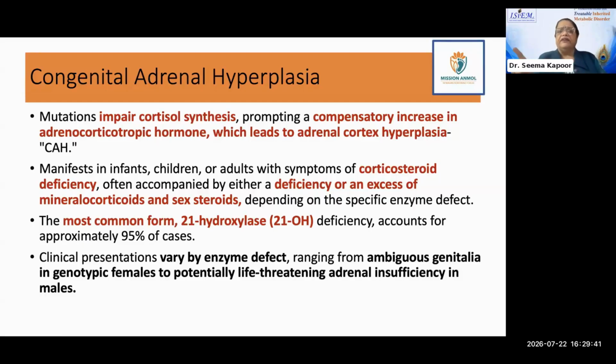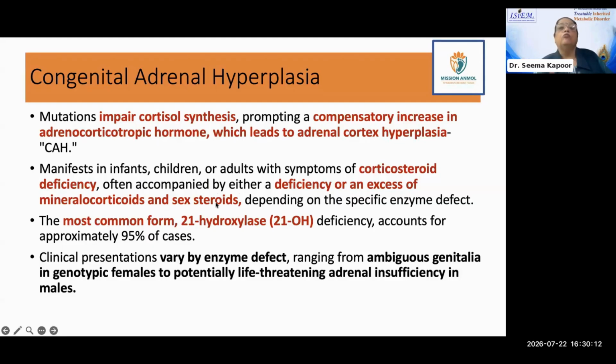Okay. Now here, very important tool. The points in red are very, very important. It can manifest in infants, in children, or even in adults, depending upon whether they have cortisol deficiency, how much is the deficiency, and whether it is accompanied either with a deficiency or an excess of mineralocorticoids and sex steroids.